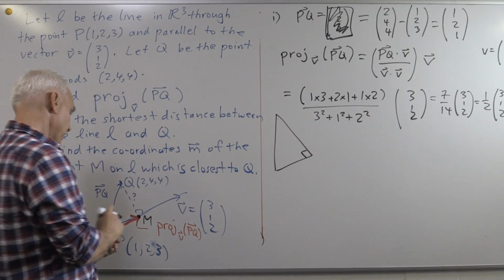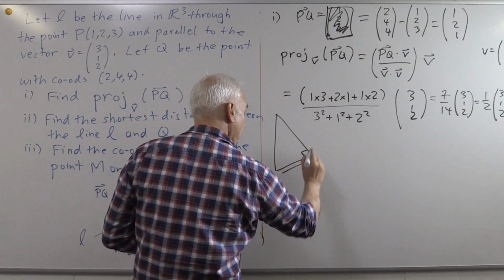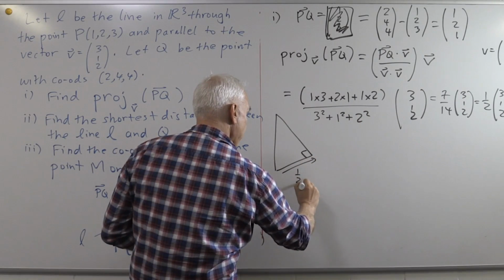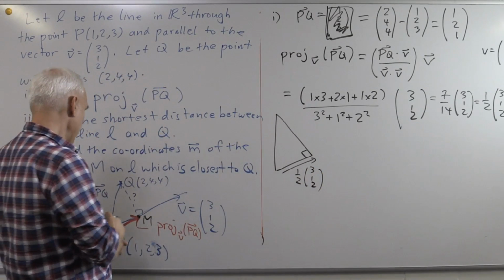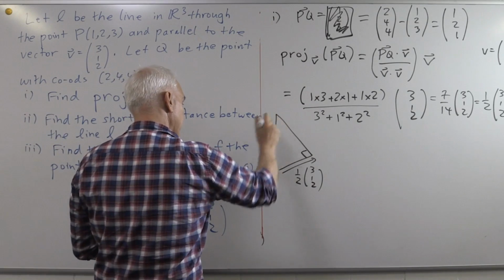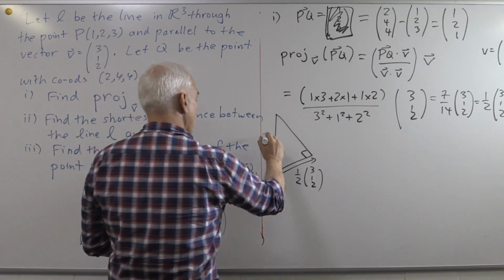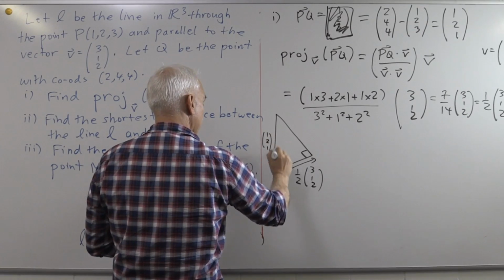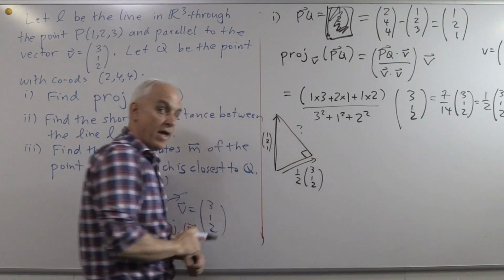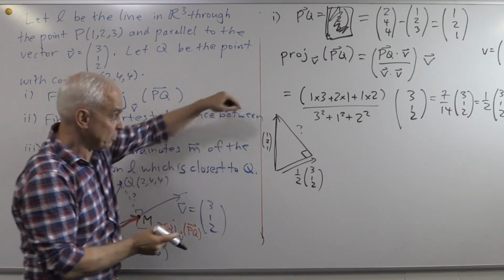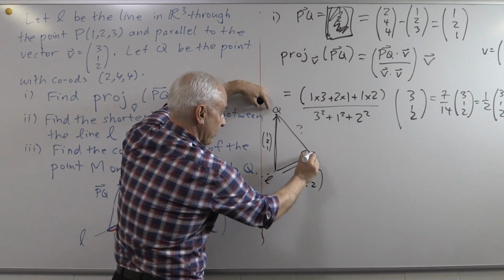So we have a triangle there, and we know that this vector here that we just calculated is this vector 1/2, 3, 1, 2. And this vector over here that we've calculated, that was PQ, that was 1, 2, 1. That's that vector there. And we're asked to find that length. That's the distance between this point Q and our line L through here.